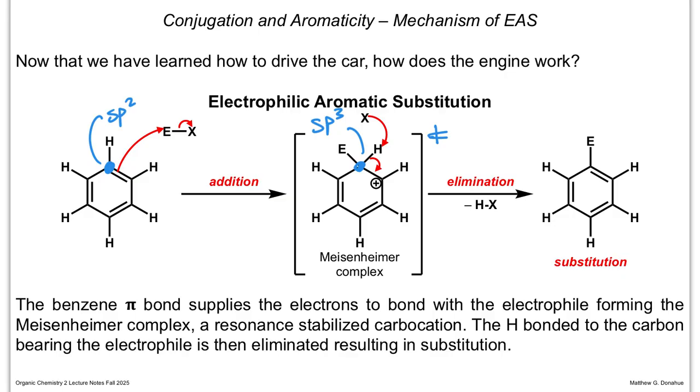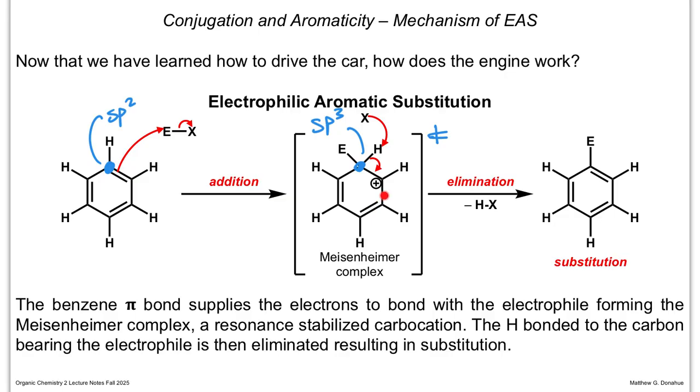So, back in the day, 1940s kind of era, these reactions were studied pretty extensively, and so this addition complex is known as a Meisenheimer complex. In terms of the reaction coordinate, you have something aromatic, product aromatic.